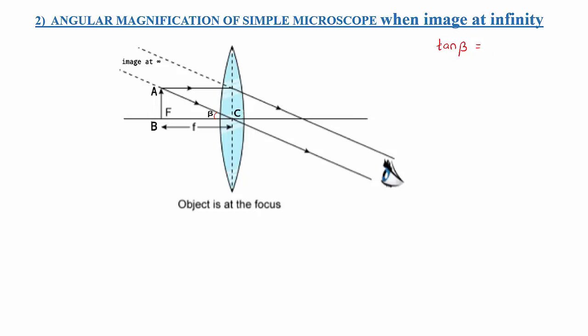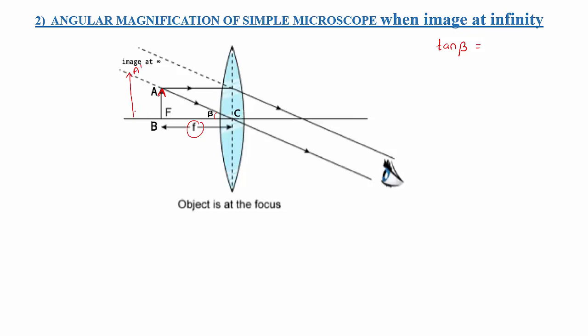For that reason, remember, I am going to adjust this simple microscope in such a way that the image is formed here at AB, so that the adjacent side will be equal to the focal length. Suppose I adjust the microscope so that, let us imagine, the image is formed here.